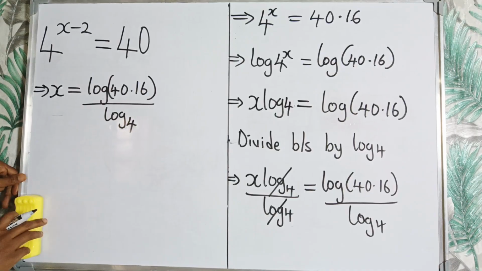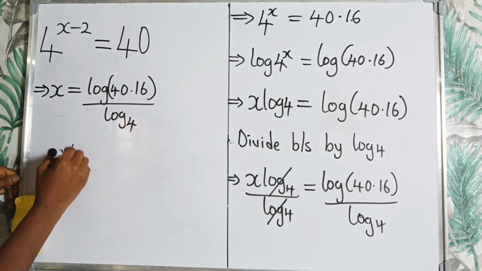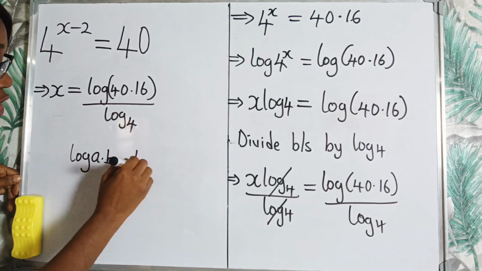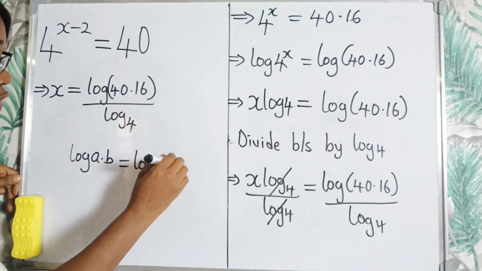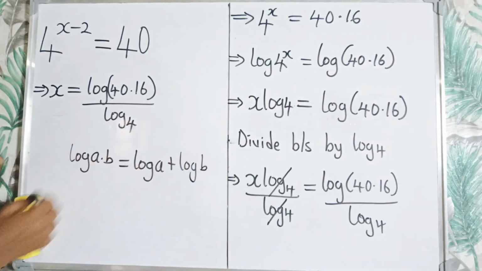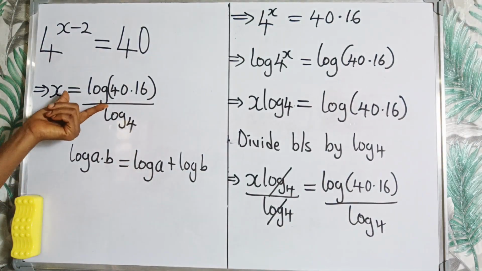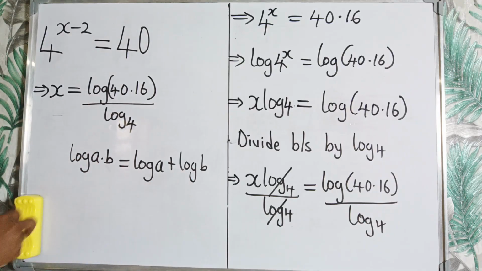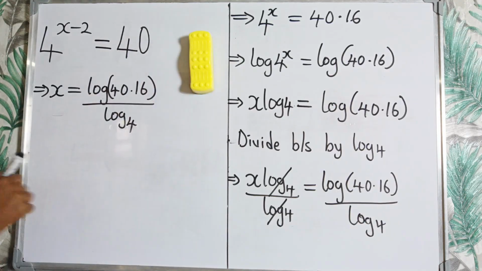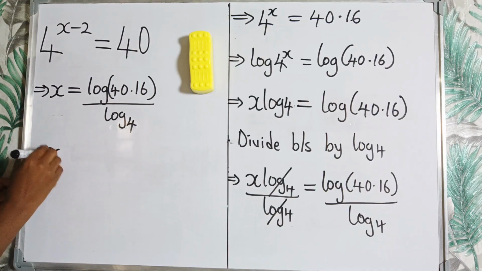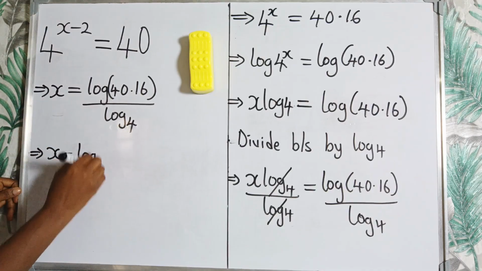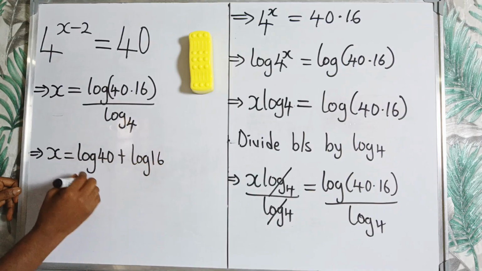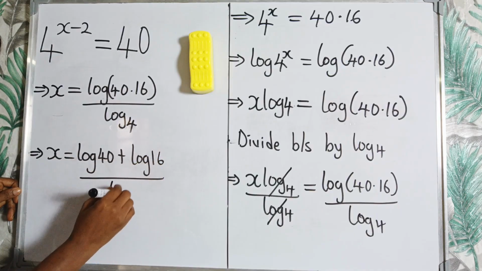Now remember one of the laws of logarithms that states that if we have log a times b, this is equal to log a plus log b. So we are going to express this numerator following this law. Okay, so we are going to have now x is equal to log 40 plus log 16 divided by log 4.